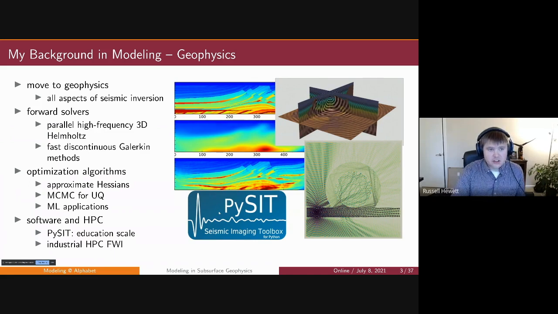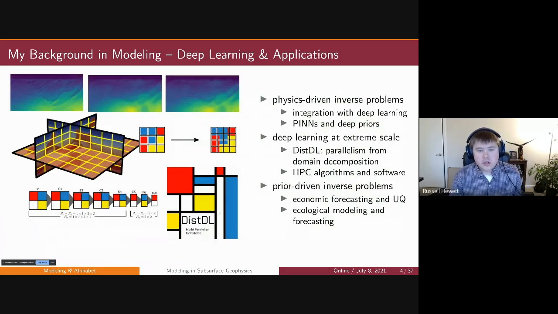And since I left industry, I have reverted back to a bit of a broader picture than just looking at the subsurface. But the subsurface is still a very informative domain for me. And I'm interested in all manner of physics-driven inverse problems. And I can even extend that into talking about prior-driven problems in a moment.